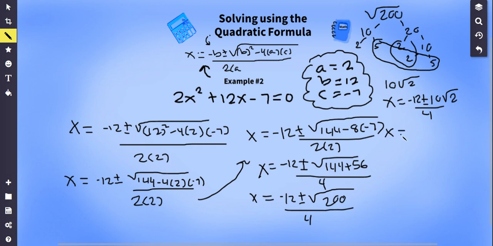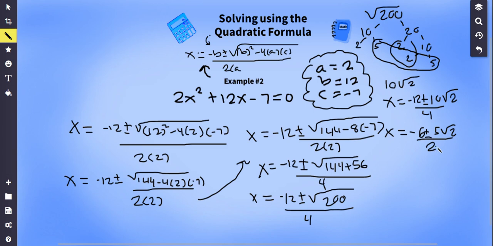So x equals, we can divide everything by 2. Negative 12 divided by 2 is negative 6, and 10 divided by 2 is 5. We don't do anything with the square root of 2, we just leave that. So 5 square root 2. We just simplify the number outside the square root. And then 4 divided by 2 is 2.